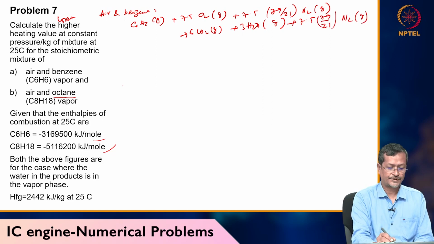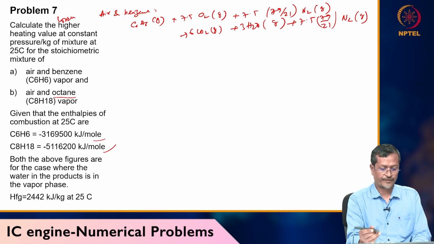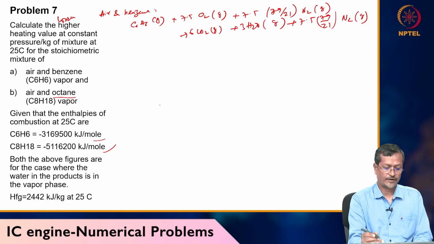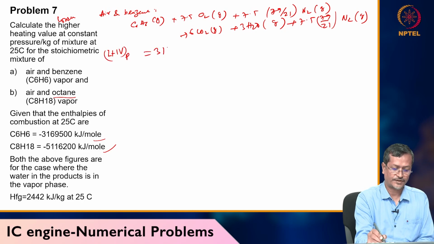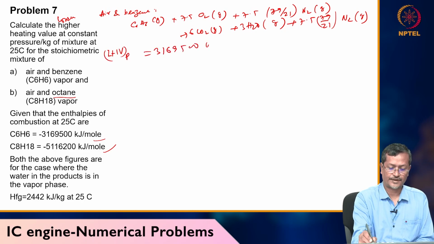Since water is the product in vapor phase, the lower heating value LHV at constant pressure equals 3169500 kJ per mole.